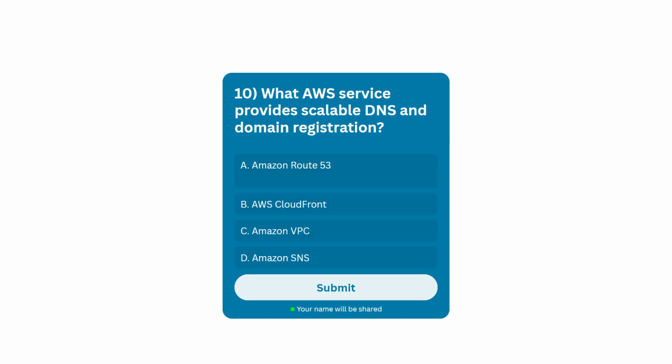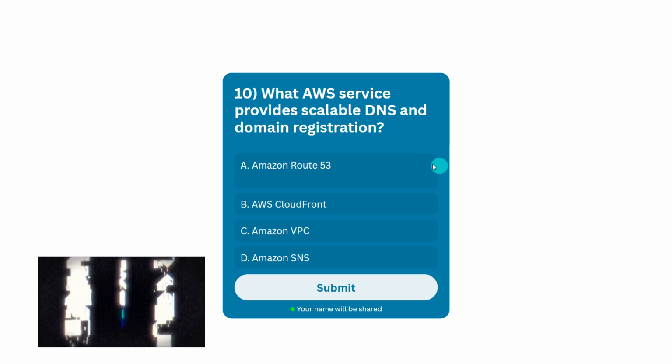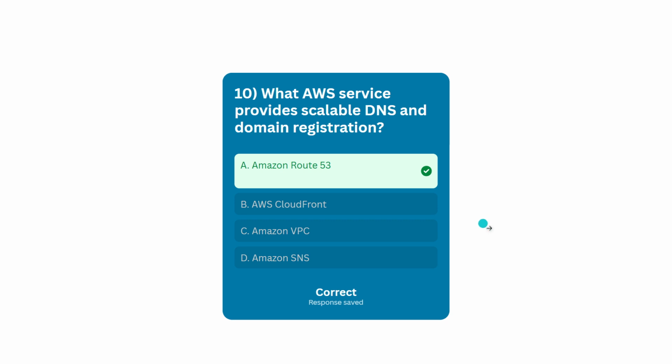What AWS service provides scalable DNS and domain registration? Amazon Route 53. Route 53 is a scalable DNS web service that also handles domain name registration and routing.